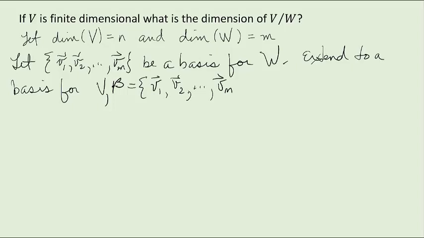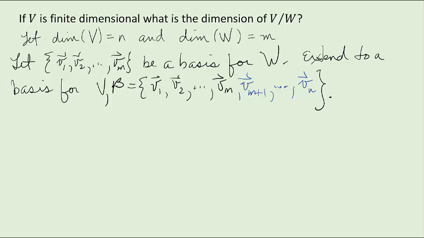And then I'm going to change color. Now I'm putting more linearly independent vectors in, V sub m plus 1 up to V sub n, since V has dimension n, we know that we need n linearly independent vectors for a basis. Okay, so now there's a basis for V.